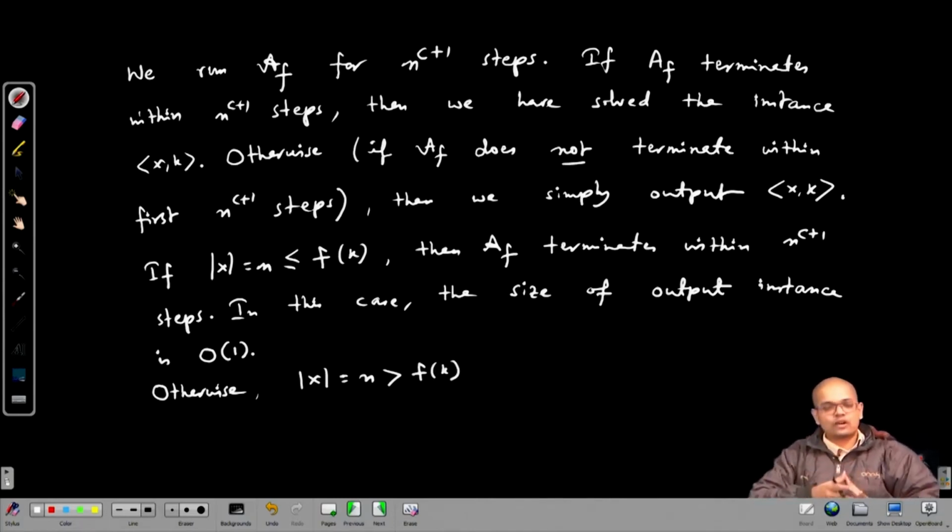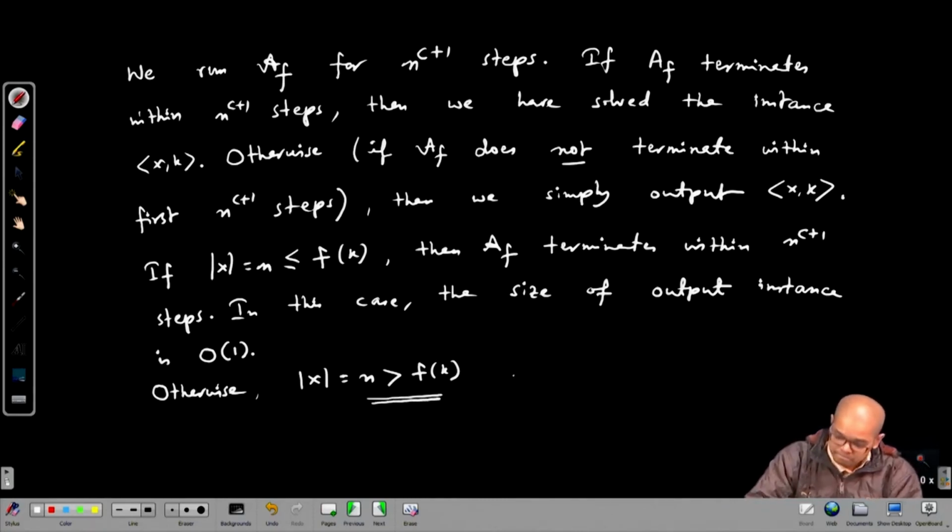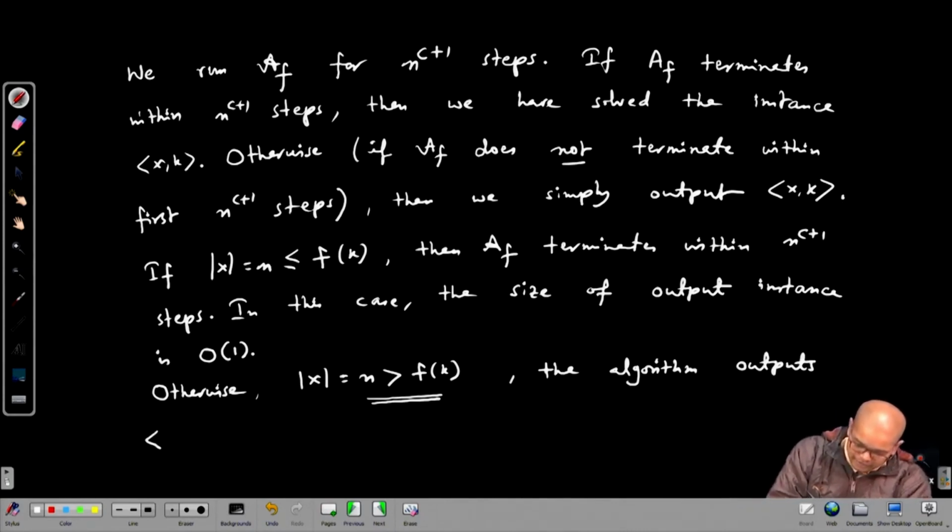In this case, the algorithm may not terminate, but if it does not terminate, then what will we output? The size of the output instance is x only, the same instance we output, and size of x is n, which is greater than f of k. In this case, the algorithm outputs x comma k.